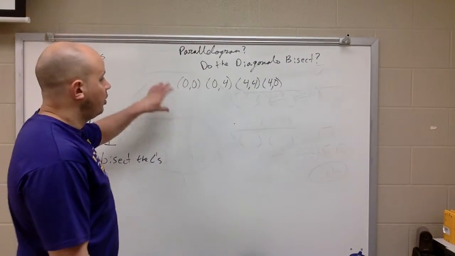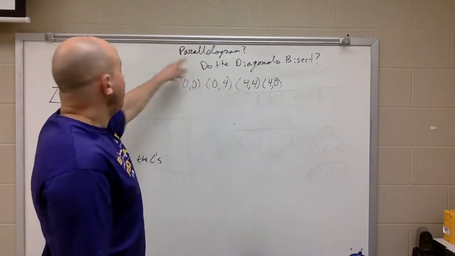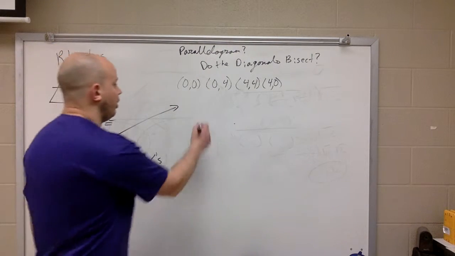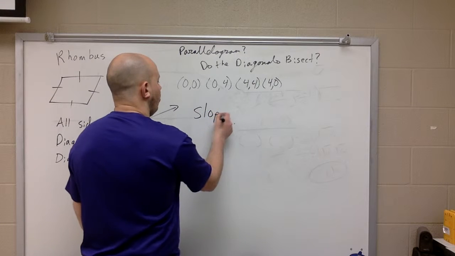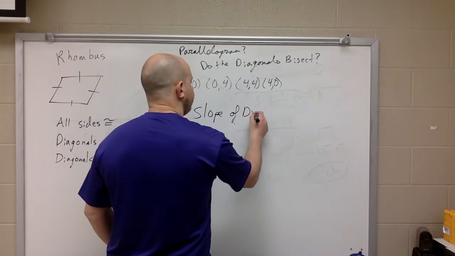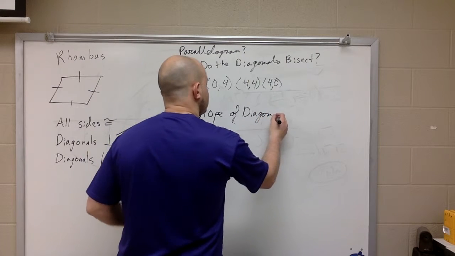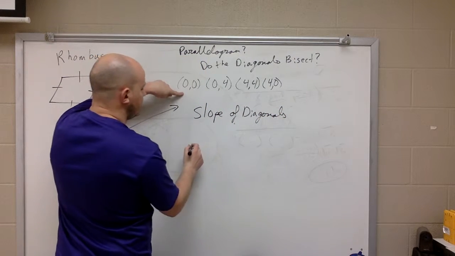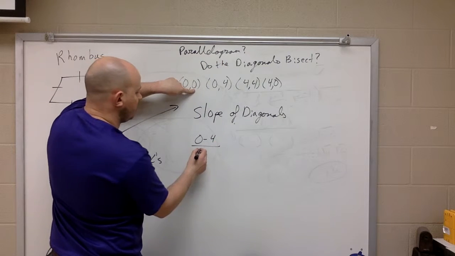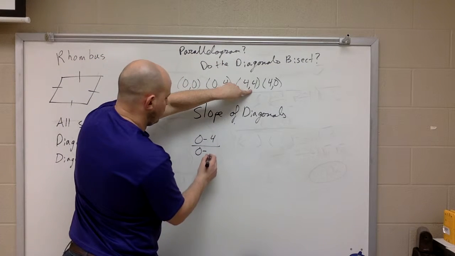Okay, so what I'm going to do, I use this test. The diagonals are perpendicular, so I need to find the slope of the diagonals. So I'm going to do 0 minus 4 over 0 minus 4.